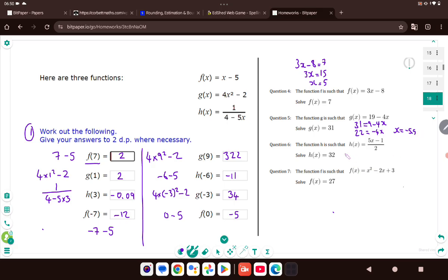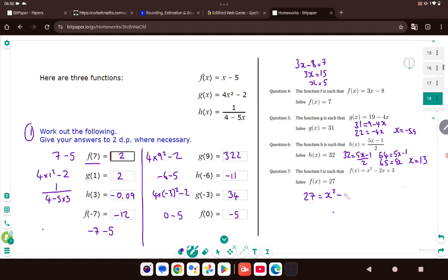h of x equals 32. I'm going to times both sides by 2. Add 1 to both sides. Divide both sides by 5. And this last one, f of x equals 27.